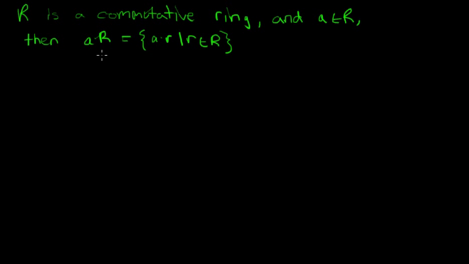And I will go ahead and prove that. So this is A times R, where it is A times every element in R, where r ranges over R.